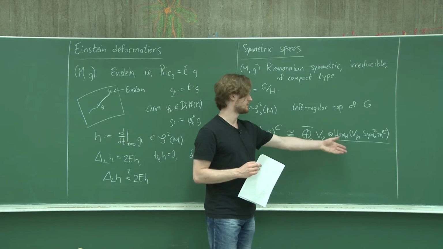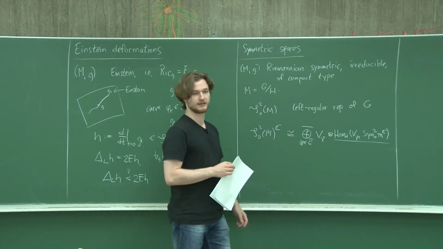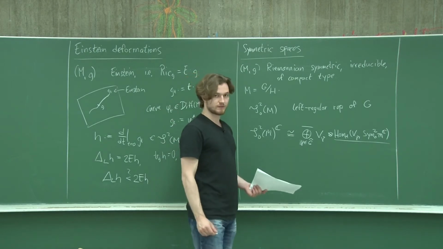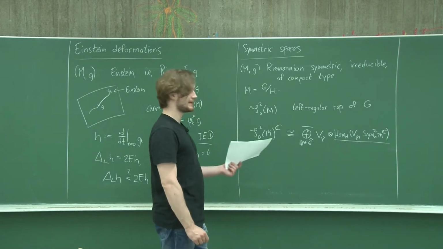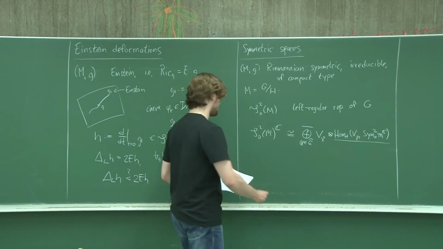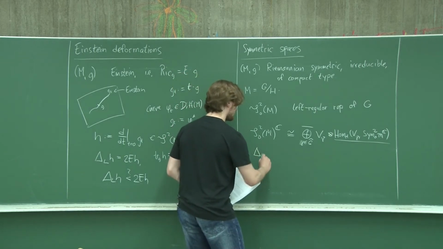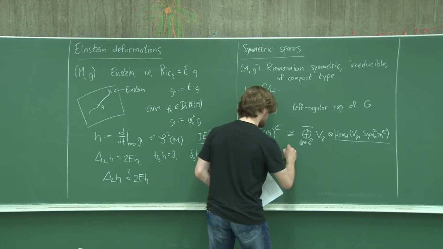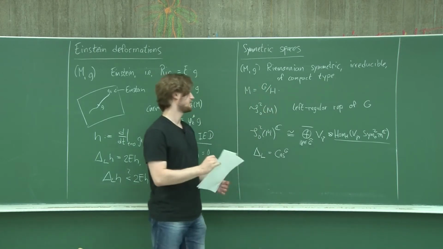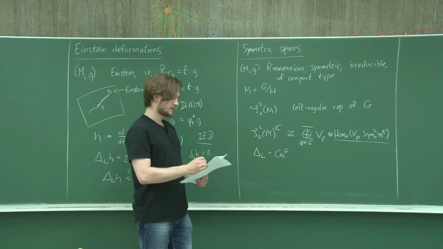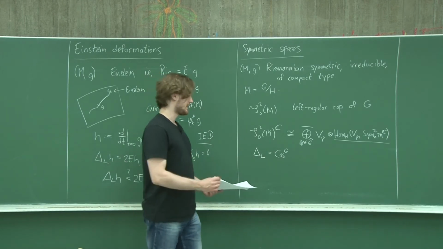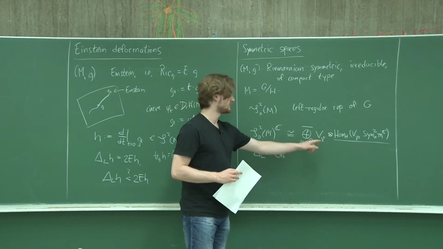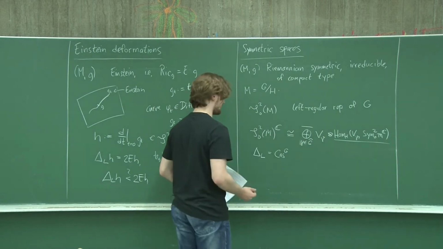And that this is the case follows from Frobenius reciprocity. So why do we do this? Because in our case, conveniently, the operator lambda L coincides with the Casimir operator of G on this left regular representation. And the Casimir operator, in turn, acts as a constant on each of those summands that only depends on gamma.